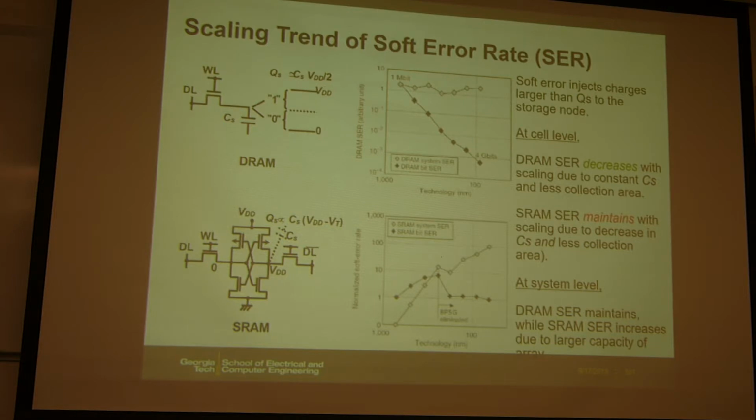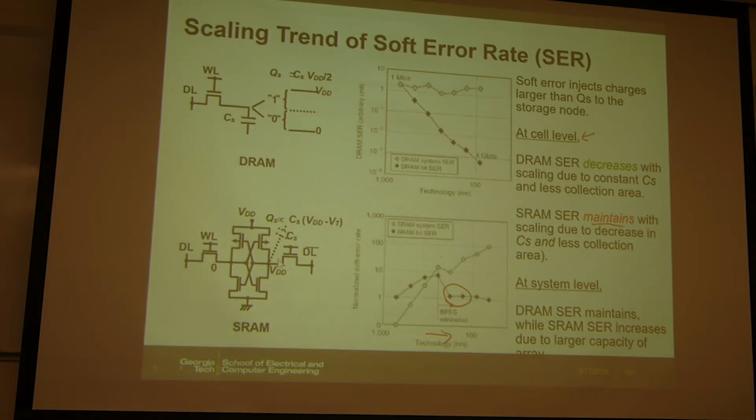And if you look at the soft error rate for the SRAM at the cell level, let's say this one is the soft error rate of the SRAM cell at the cell level with scaling. So here, when you scale, the SER maintains with the scaling.